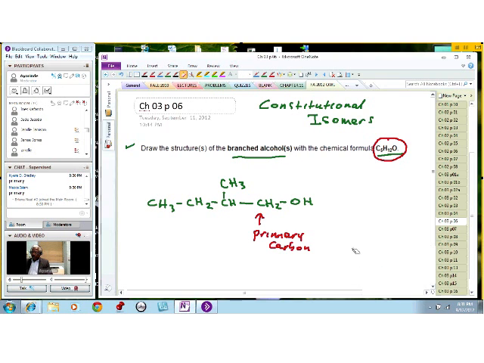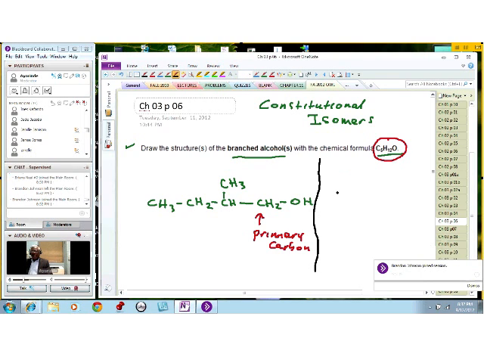Okay, let us take this off. We want a secondary alcohol. Okay, so I could very well do this. Keep in mind the secondary alcohol is what? A secondary alcohol will be attached to a secondary carbon. And what is a secondary carbon?